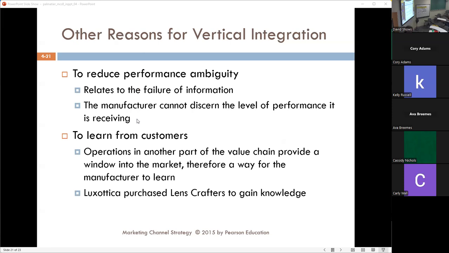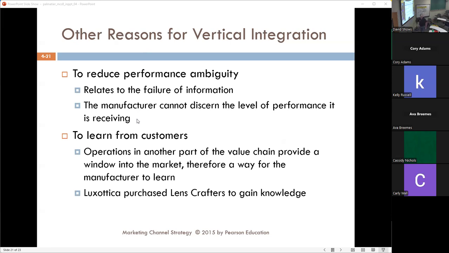So how do I know whether or not I'm being successful or not? There's a difficulty known as performance ambiguity, which basically states that as a manufacturer, I have a limited understanding of the performance of my good all the way down. Quite simply, that's not my job.